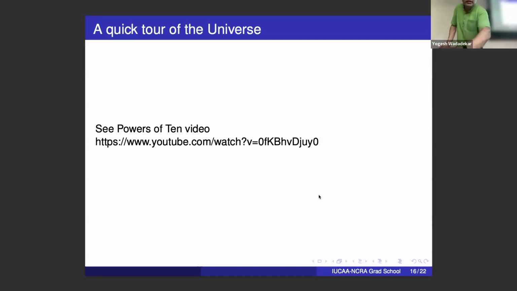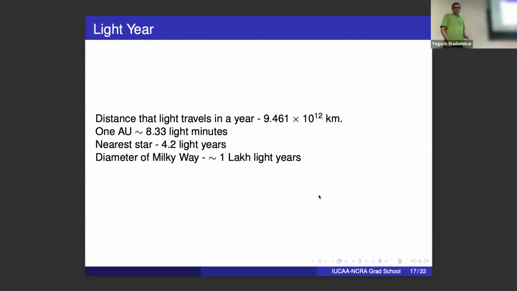Okay. Let's see now. When you talk of distances, you often use a unit called light year. That is the distance that light travels in a year, which is approximately 9.5 into 10 raised to 12 kilometers. Another unit commonly used is the AU, or astronomical unit.